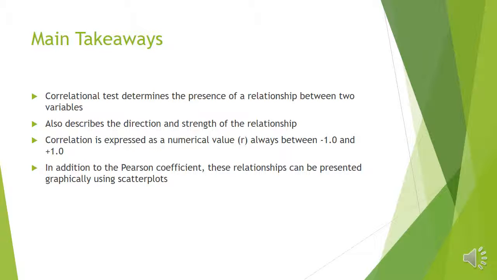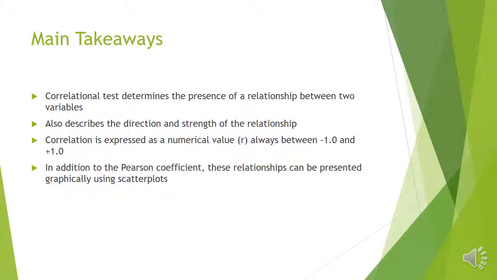Our main takeaways from this presentation are that the correlational test determines the presence of a relationship between two variables. It also describes the direction and strength of this relationship based on our Pearson coefficient, or R value, that is always between -1 and 1. If ever our correlation coefficient is less than 0, that's considered a negative correlation.